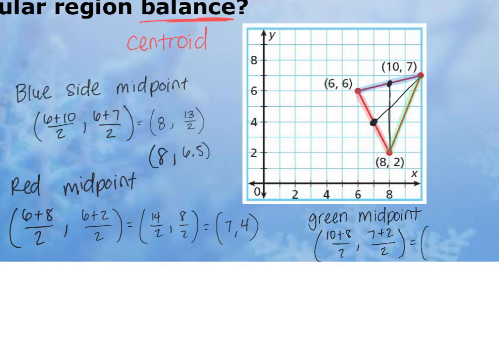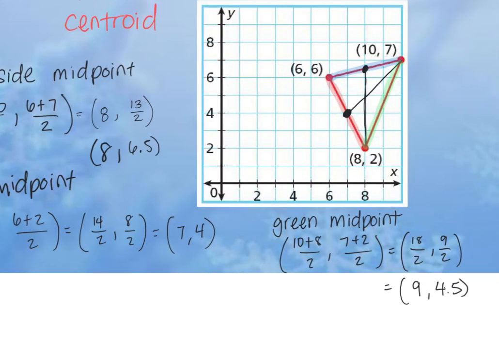What are we going to get? 18 over 2 and 9 over 2. I think this is 9 and then 9 over 2. Let's not leave it as 9 over 2. Let's put it as a decimal, so 4.5. So let's find 9 in the x direction and go up 4.5 units. Where are we drawing that line to? 6, 6. Good. Between 6, 6 and that midpoint.